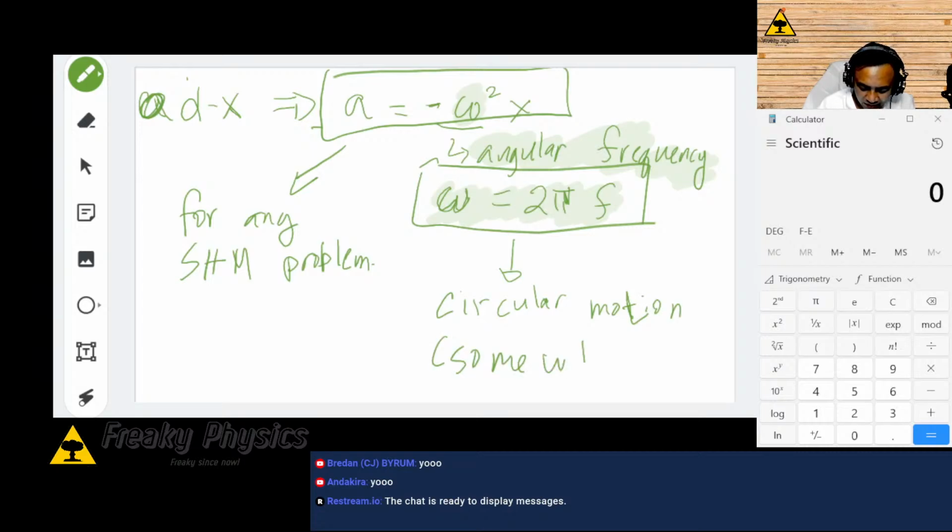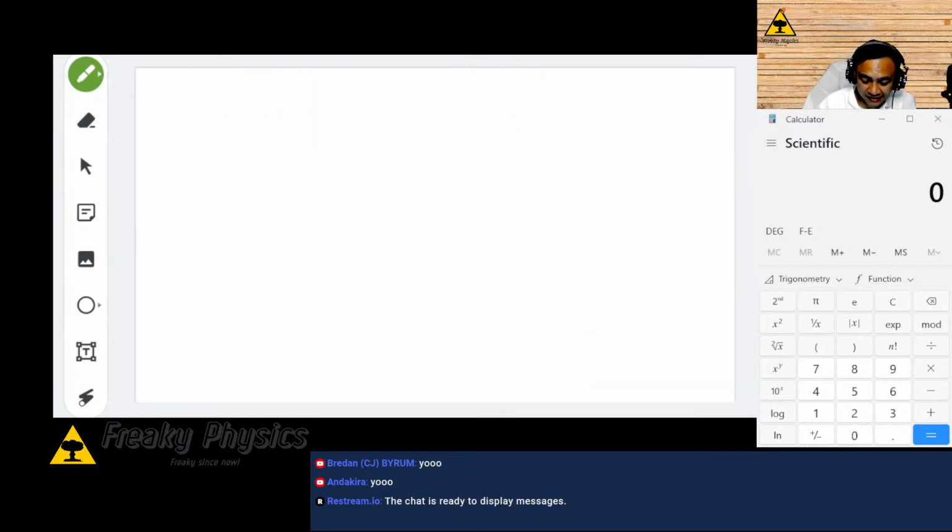I'll try to explain this very briefly. The idea here is imagine you have a coil of something. So this is a coil with a circular cross section.